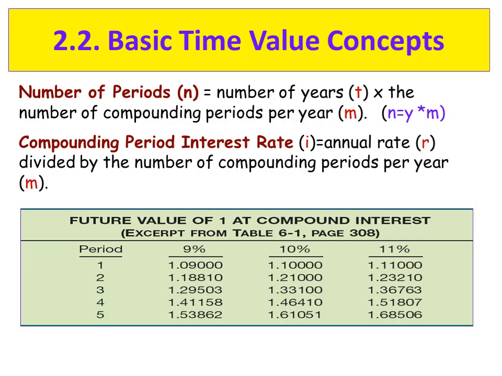Now let's calculate the future value of 1 at compound interest. Future value equals present value times (1 plus r) to the power of n, or the power of t.